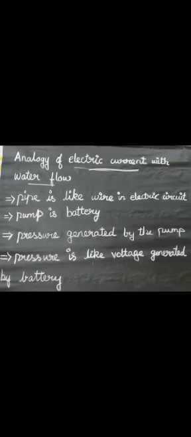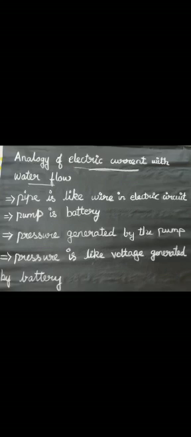We can imagine that electrical current is similar to water flowing through the pipe. The pipe is like the wire in the electric circuit, and the pump is like the battery.